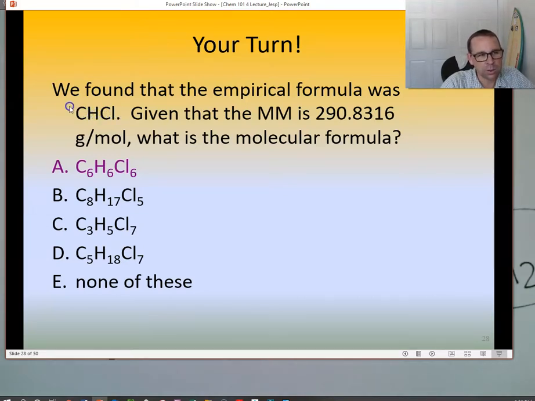Those are the masses of our different elements. So that's the mass of the empirical formula, and we compared that to the molar mass, which was provided. The molar mass divided by the empirical mass gives us the multiplier. And so we could take the empirical formula and multiply it by that multiplier to get the molecular formula.